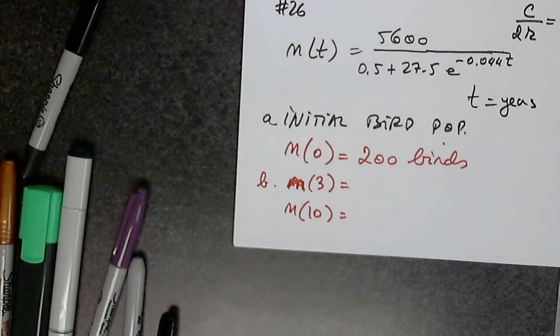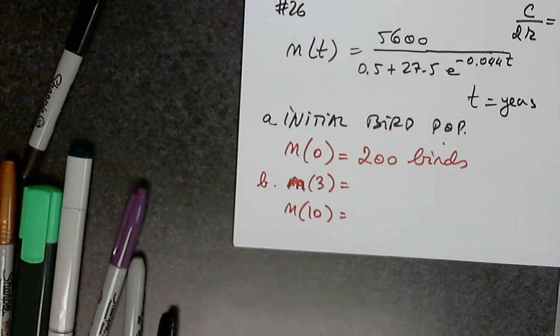I think I messed up something here. 5,600 divided by, I'll tell you in a minute why, 0.5 plus 27.5, 56. Okay, let me go again, because it's not possible.